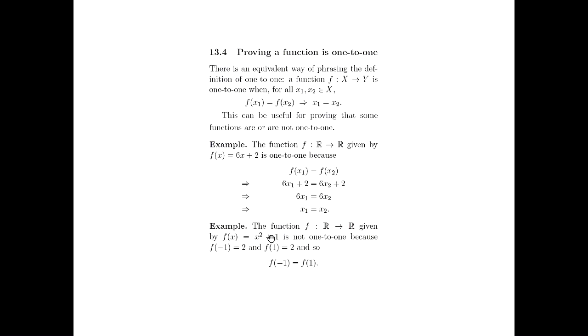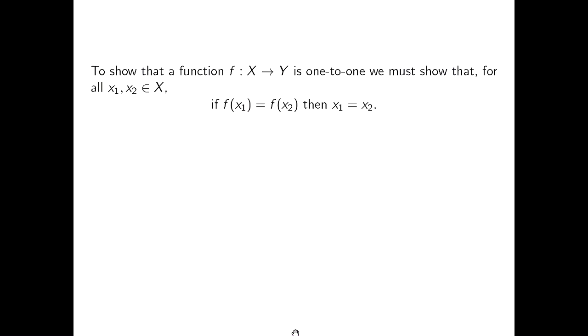So to prove a function is one-to-one, you do something like this. To prove a function is not one-to-one, you just need an example of two things that collide when you hit them with the function, and that's all that's needed to prove that.